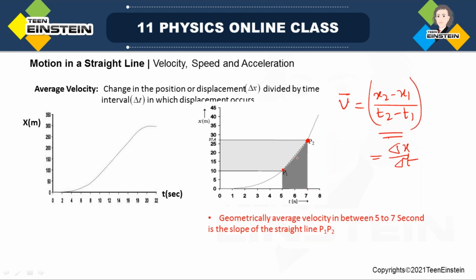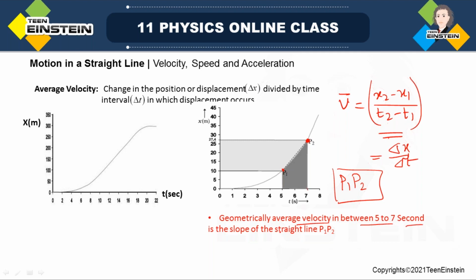Geometrically, average velocity means the slope of the line p1 p2 on this curve. If you know the final and initial positions and connect them, you get a straight line p1 p2, and its slope gives the average velocity between 5 and 7 seconds.